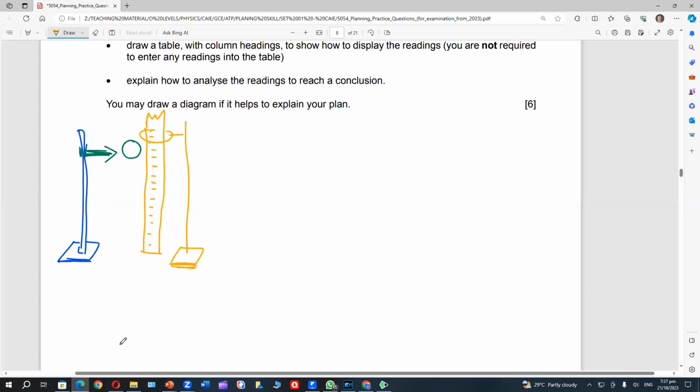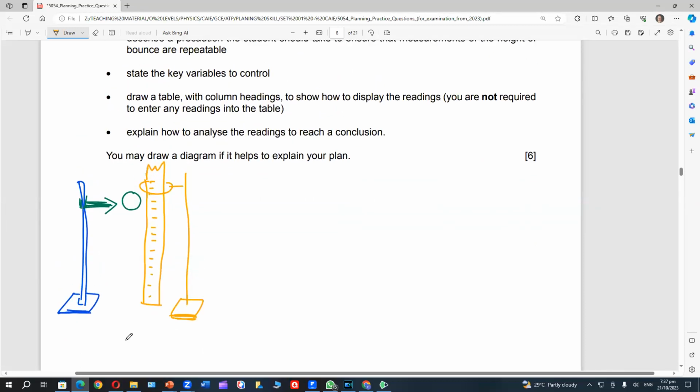I can drop the ball from different positions. Copy this apparatus with me.